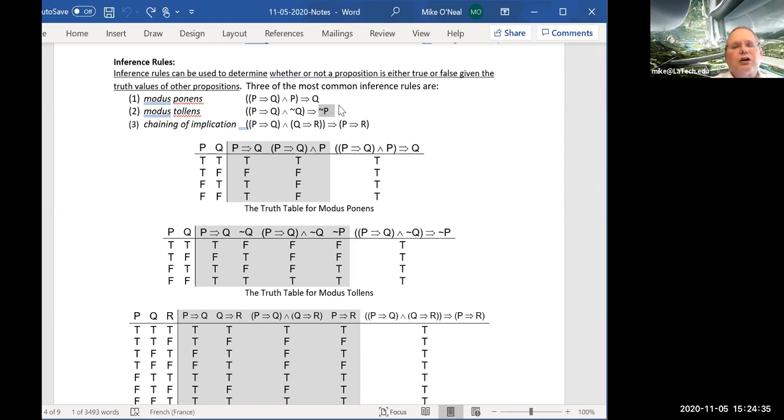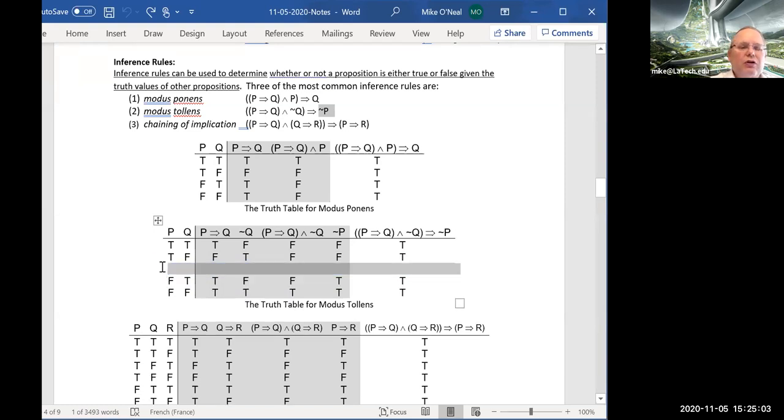That's not a rule of logic, because like I said before, if you're not in the pool, it doesn't mean you're dry. It doesn't mean that you're not wet, because there are other ways you can be wet, and the if statement is just giving you one of those ways, one of those worlds. And so that's what line 1 and line 3 in modus tollens are trying to tell you.